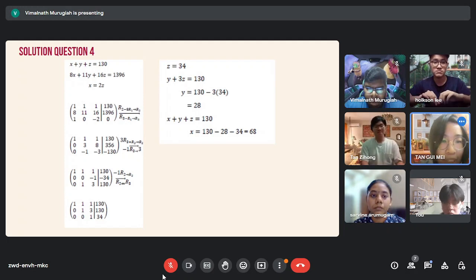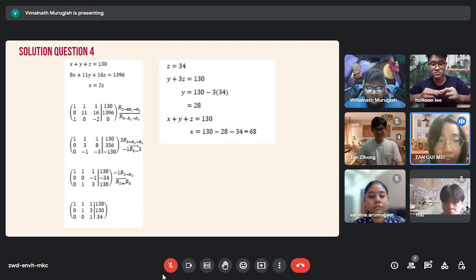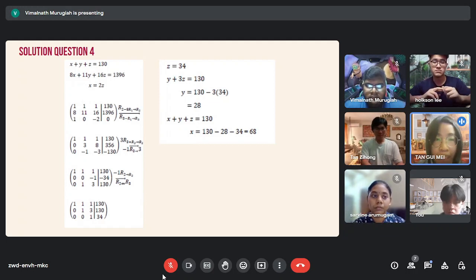Lastly, we get z equal to 34, and we substitute z into the equation y plus 3z equal to 130, which gives the y value 28. We substitute both the z value and y value, 34 and 28 respectively, into the equation s plus y plus z equal to 130, and we get the s value, which is 68. So this is the end of question 4.